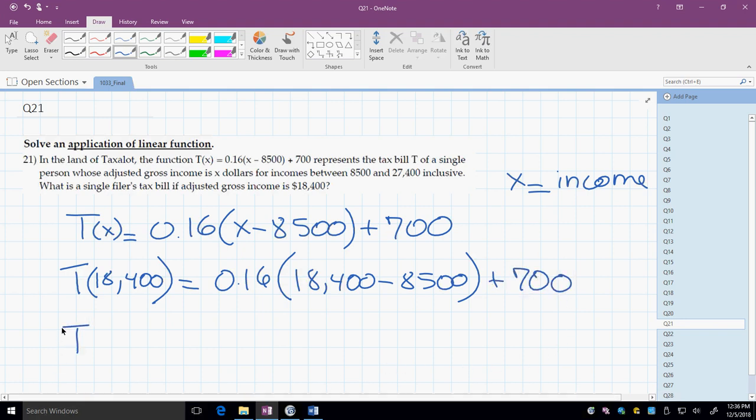If you put all that in your calculator, you will get the answer. So that should be 2284.